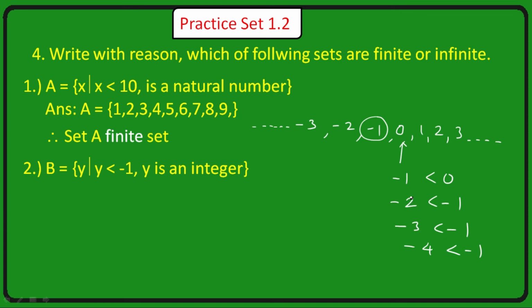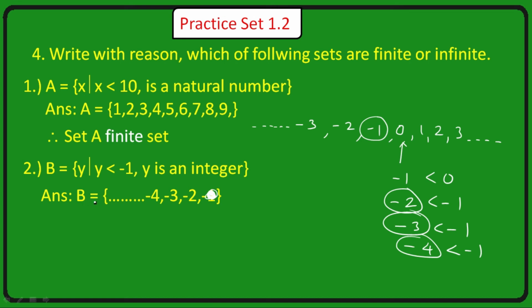So the set B contains -2, -3, -4, -5 and so on up to infinity. These are the members of the set B. -1 itself will not be a member.